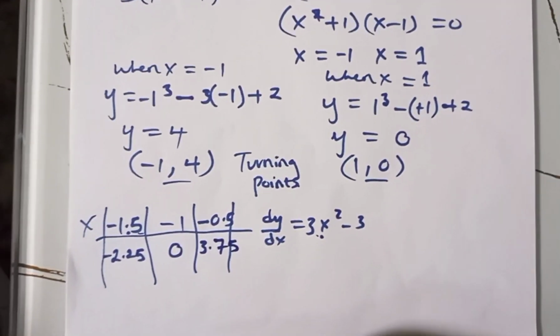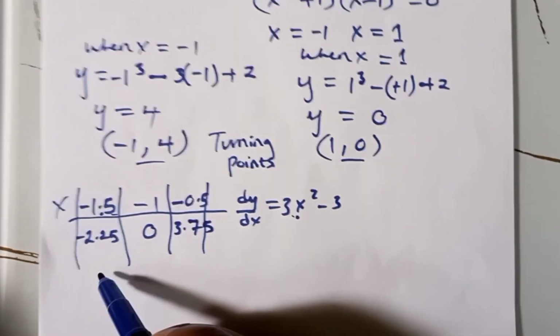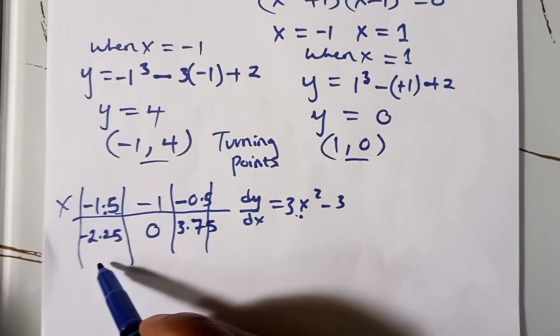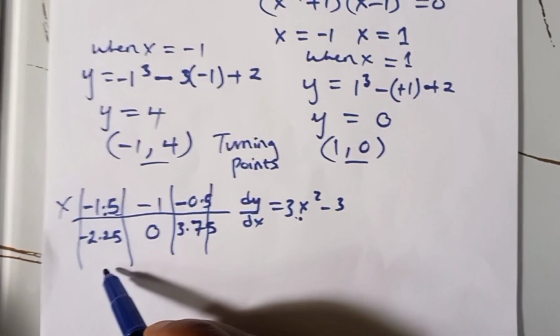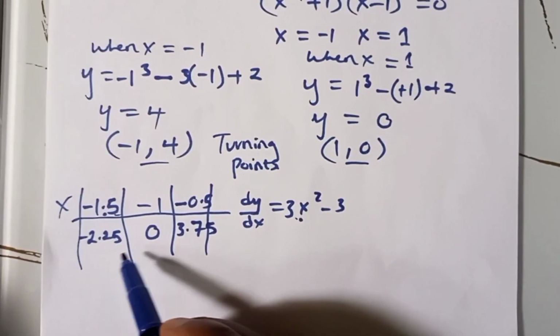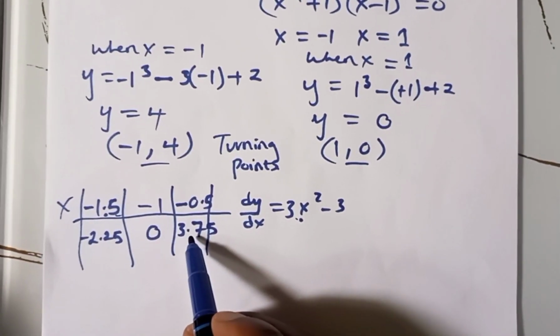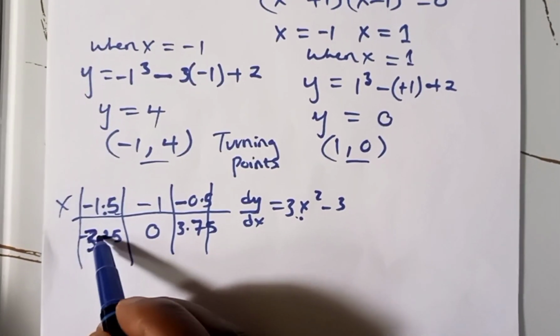If it is negative, then that line runs from left to right. If it is positive, it runs from right to left, and then we can be able to say whether it is a minimum point or a maximum point. Sorry for some confusion here.